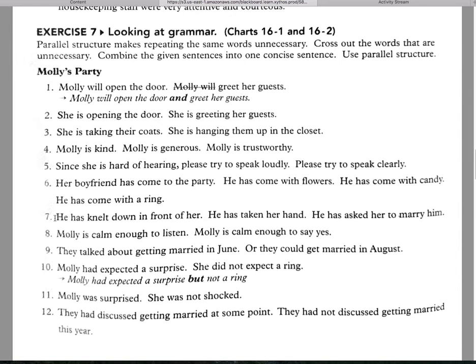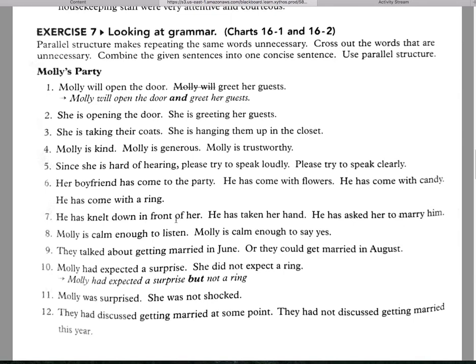Number 7. He has knelt down in front of her. He has taken her hand. He has asked her to marry him. So here, you're going to omit the repeated words, which are "he has."